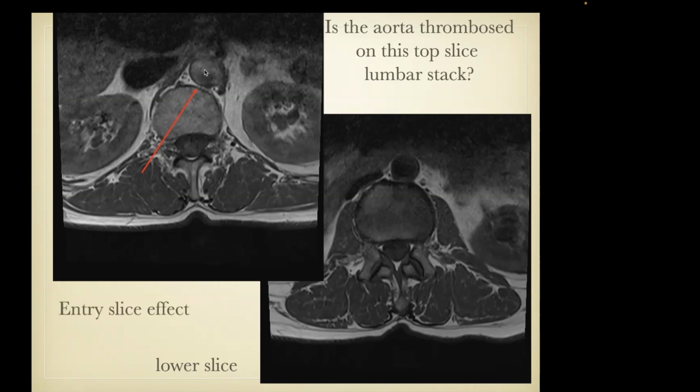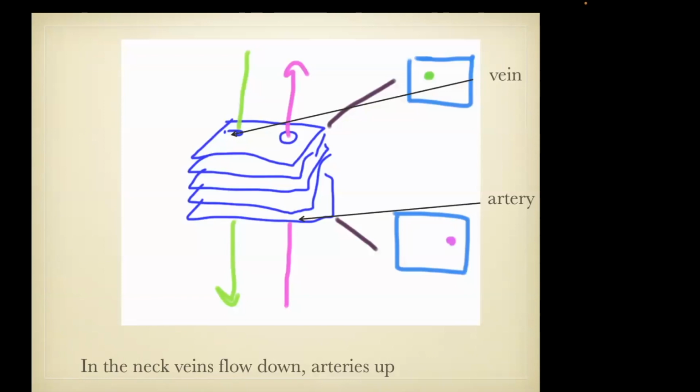It means that we're seeing the effect of entry slice, that the blood is flowing from the thoracic portion of the aorta into the abdominal aorta. This is then the first slice where we have this quality of flow-related enhancement. And as we get further down in the slab, we see that the aorta takes on its expected low signal intensity from intravoxel dephasing or loss of signal due to turbulent flow.